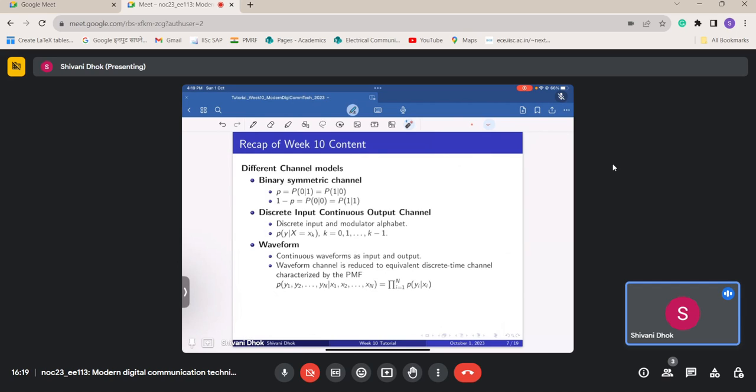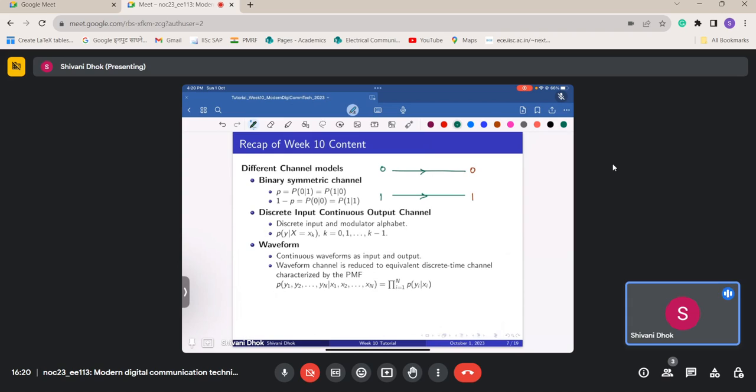In that, the first thing that was considered was this binary symmetric channel. So it is evaluated at the binary interface. Since it is binary symmetric, we have two possibilities. So we have 0 and 1 to be transmitted. Now as an output, there can be again two possibilities, one is 0 and another is 1.